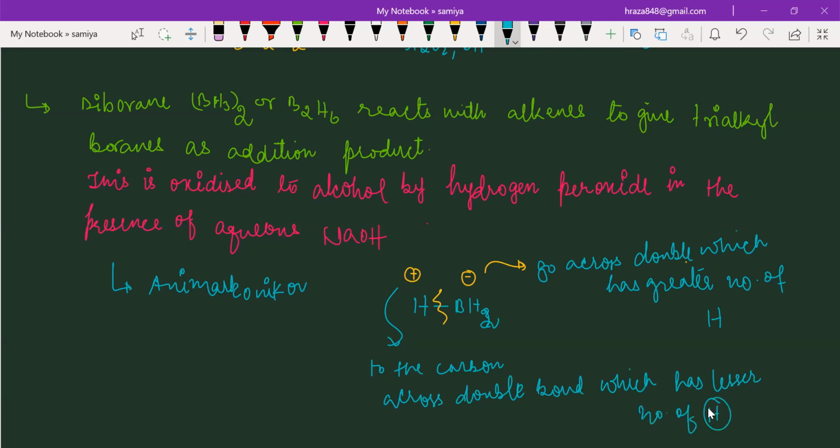And you know what is Markovnikov? In Markovnikov, negative part of the addendum will go to that carbon which has lesser number of hydrogen, but in anti-Markovnikov it is opposite. Is that clear?